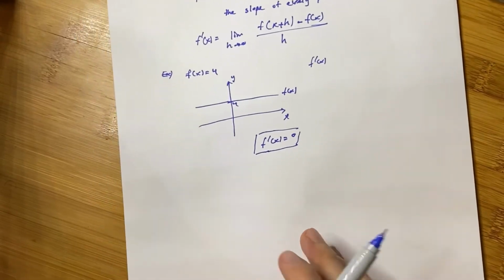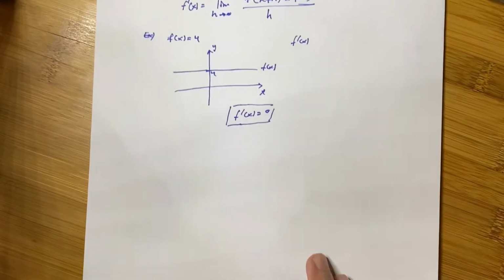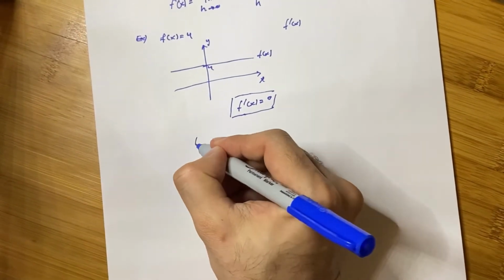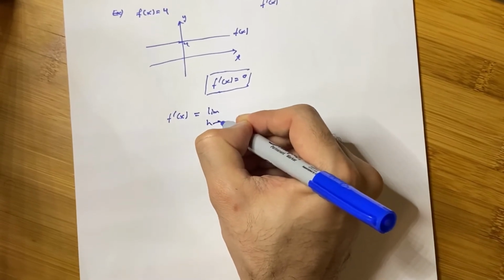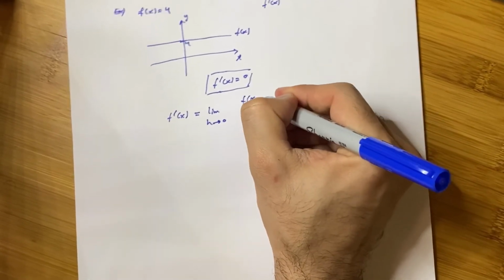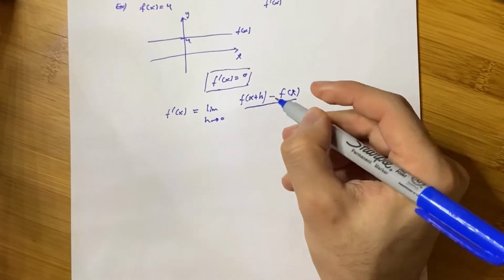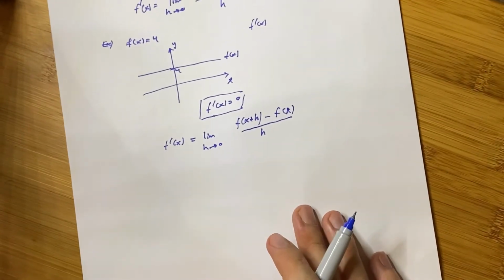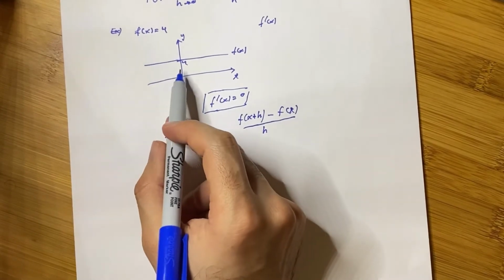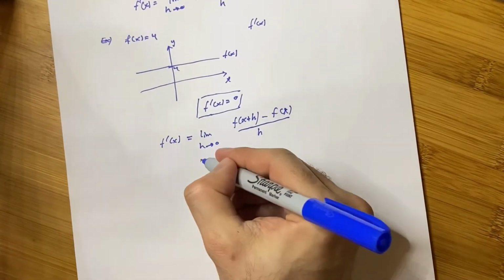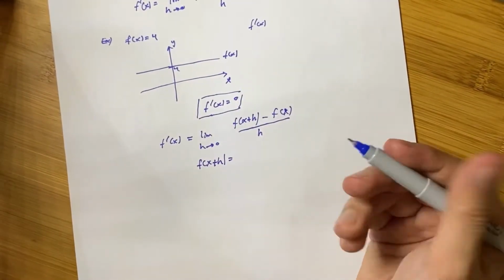Or we can use the definition of the derivative, which is f prime of x equal to the limit as h goes to 0 of f of x plus h minus f of x over h. Here, in this case, f of x plus h is just 4.